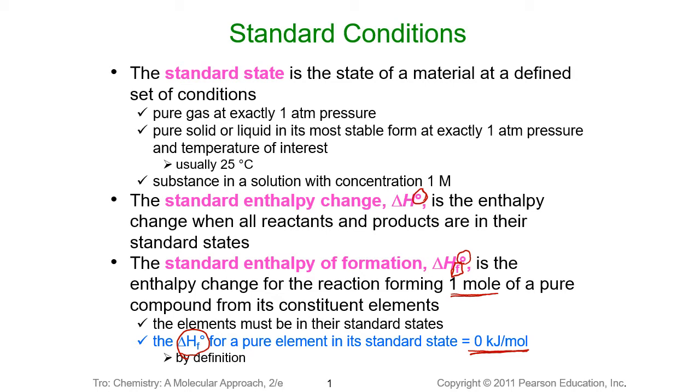So the elemental form is 0 kilojoules per mole, and this is a definition. So if you ever want to find out what the standard state is, we look for the elements that have 0 kilojoules per mole.